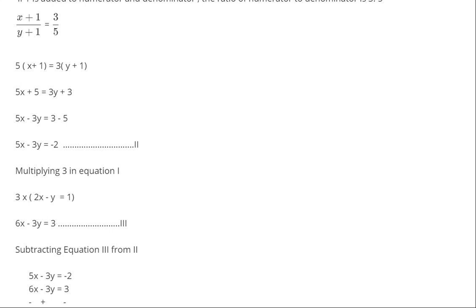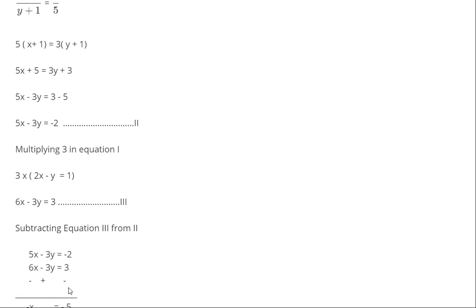So this is my third equation. Now we are going to subtract equation 3 from 2. So I'm going to write equation 2 first. That's my equation 2. 5x minus 3y is equal to minus 3. And then I'm going to write equation 3. 6x minus 3y is equal to 3.